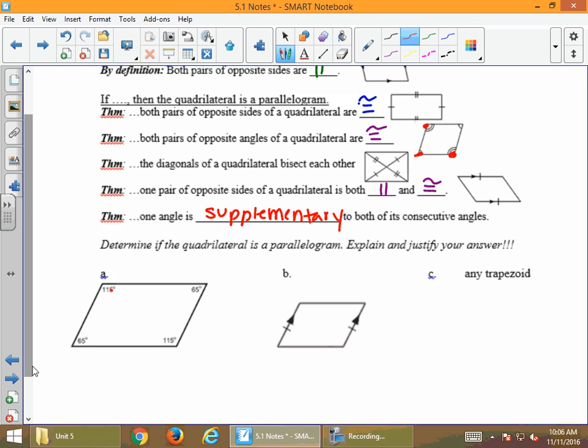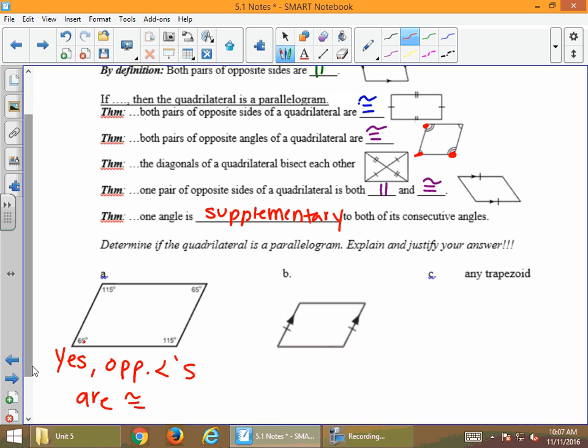This is 115, that's 115. This is 65, that's 65. So yes. Opposite angles. You could have also said yes, because the consecutive angles, the angles next to each other, add to 180. That also would be the appropriate answer. The equal angles are easier to recognize.